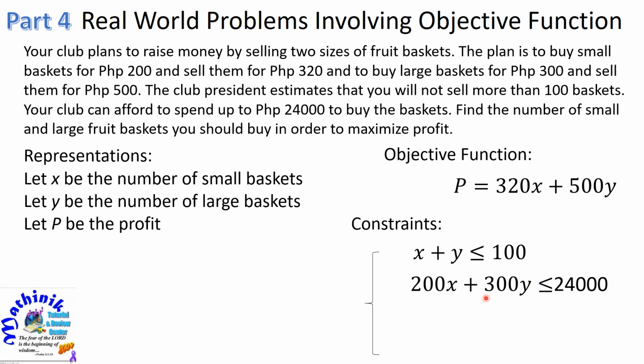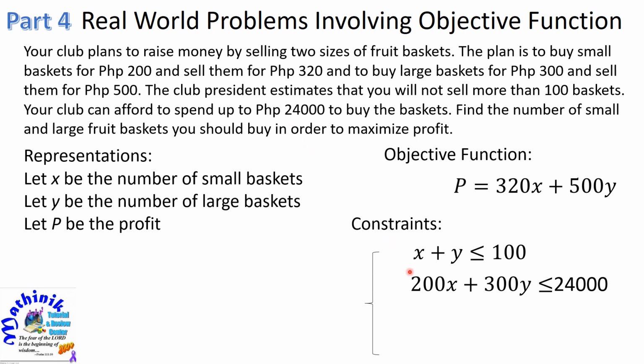200x plus 300y is less than or equal to 24,000. According to the problem, the club can only afford to spend 24,000 to buy the baskets.